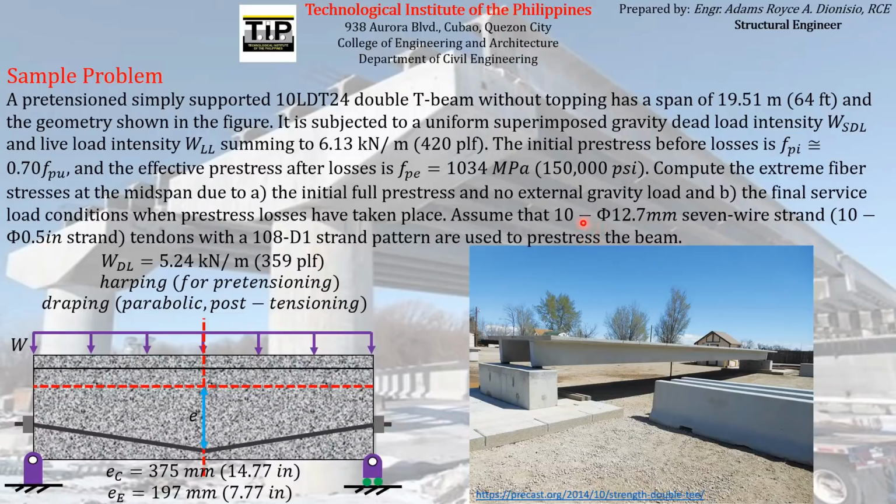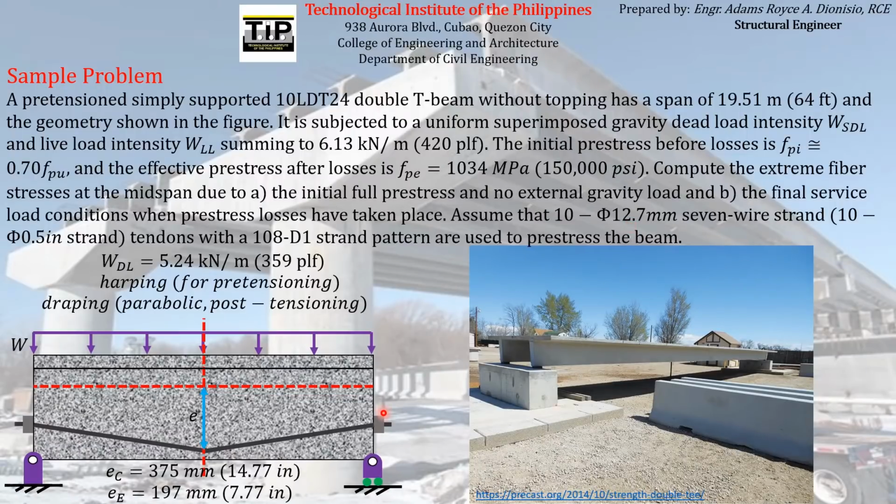It is made up of 10 12.7 mm diameter 7-wire strand, or 0.5 inches diameter strand tendons with a 108-D1 strand pattern, which is used to pre-stress the beam. So that is the parameter with respect to the pre-stressing reinforcement. It is made up of 10 diameter 12.7 mm diameter 7-wire strand.